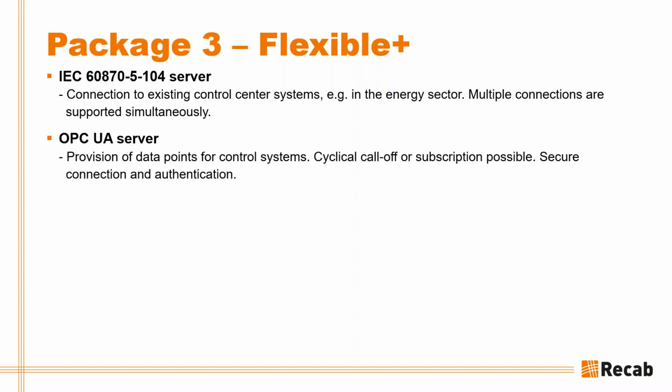And you have the OPC UA server if you want to be able to provide the data points to different control systems. Then you need this one. So those are the different packages that you can buy with the different functionality. And like I said, it's a one-time cost for the packages, and they are linked to the serial number on the device. So if you have several devices, you have to buy a license for each of the devices.